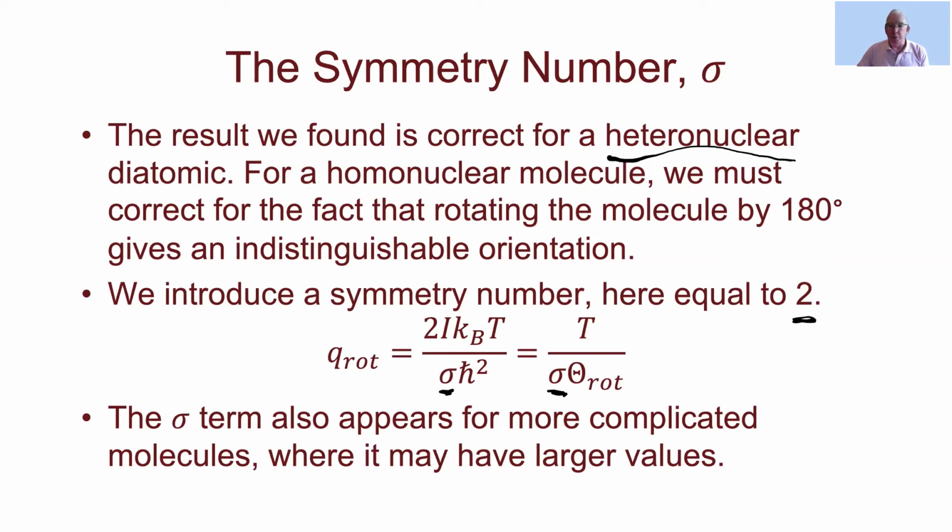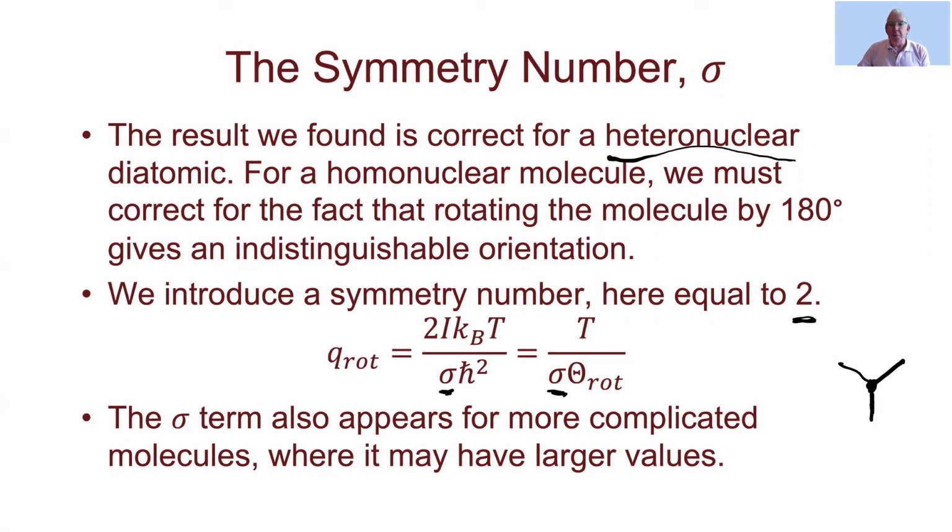If I went to a more complicated molecule, say a trigonal planar molecule like this, and I was going to rotate about the central point, if all 3 of my outside atoms were the same, then my symmetry number for that rotation would end up being 3, because I'm going to have 3 different orientations that I can't tell apart.